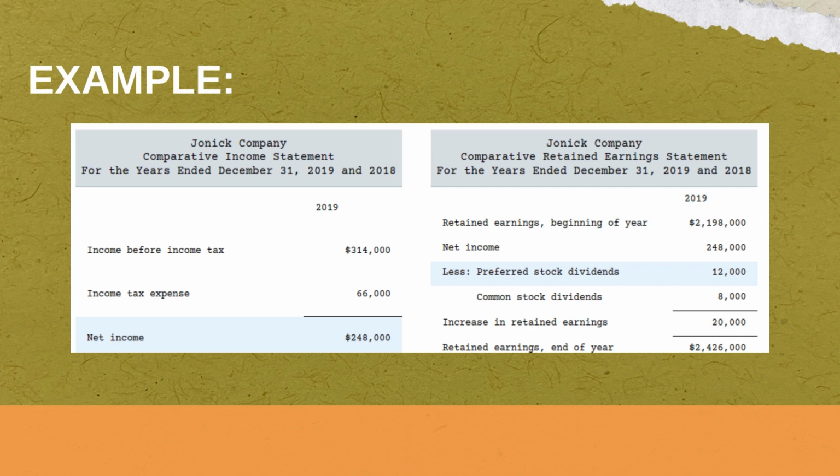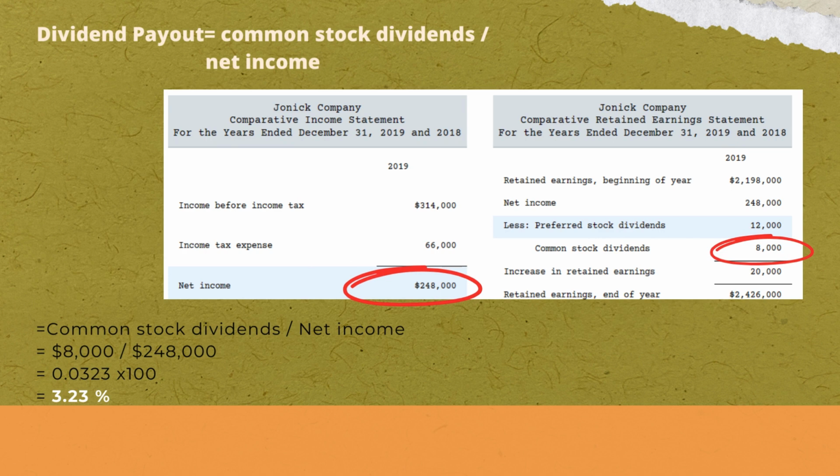Its increase in retained earnings is $228,000. And the retained earnings for the end of the year is $2,426,000. The formula for dividend payout is equal to common stock dividends divided by its net income. And from the given example, the common stock dividends is $8,000 and the net income is $248,000.